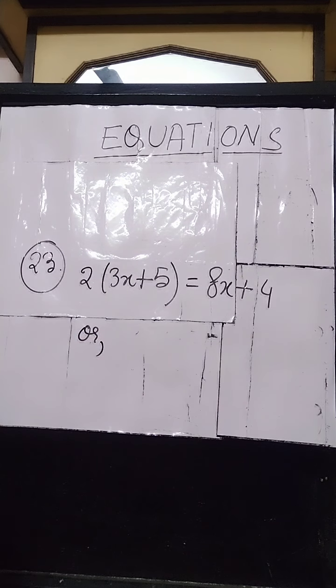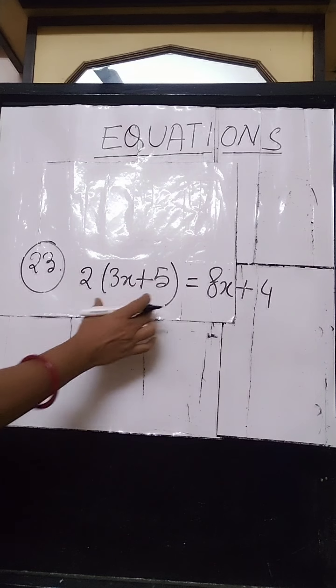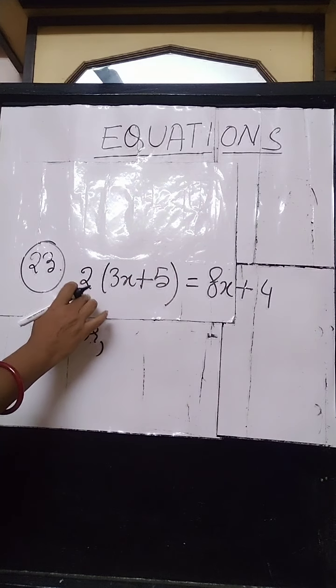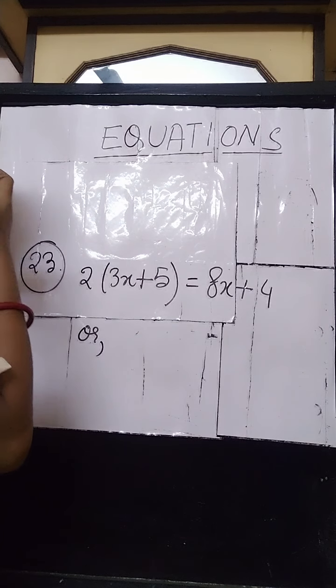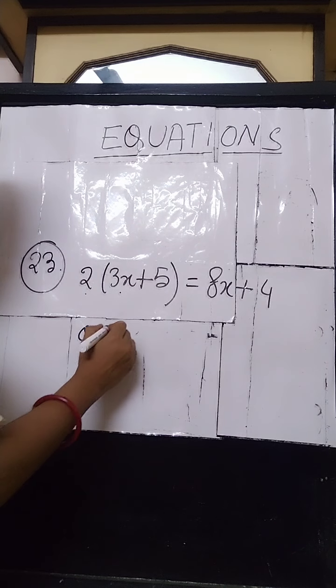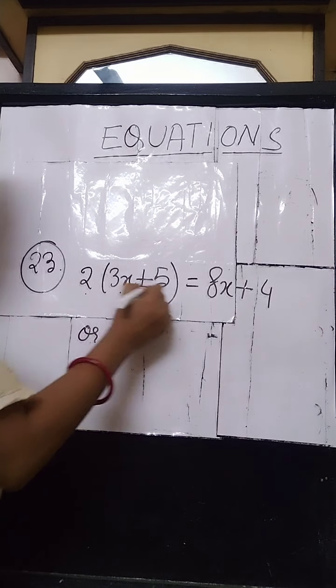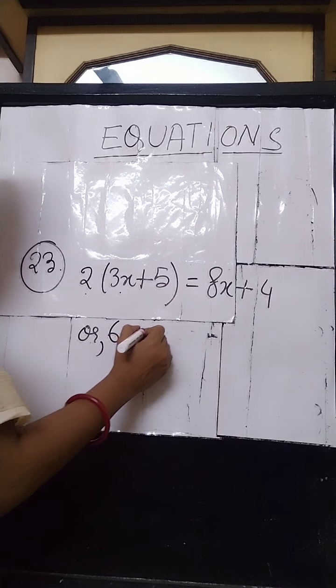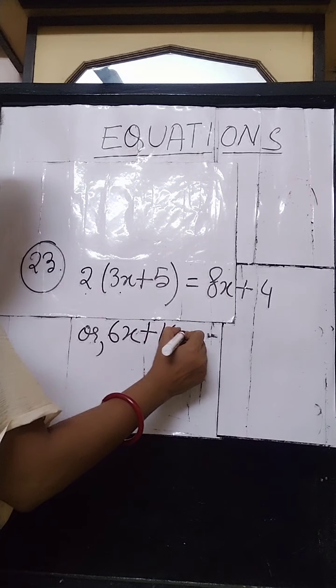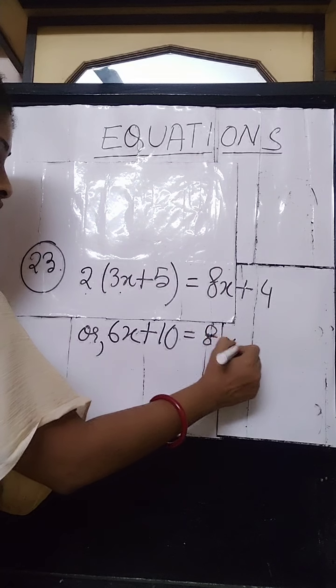So now what you have to do is first remove the bracket and multiply this 2 with the inside terms. 2 into 3x will give you 6x. 2 into 5 will give you 10. So 6x plus 10 is equal to 8x plus 4.